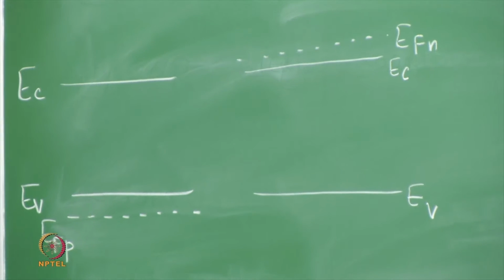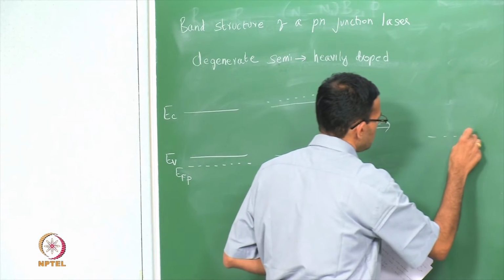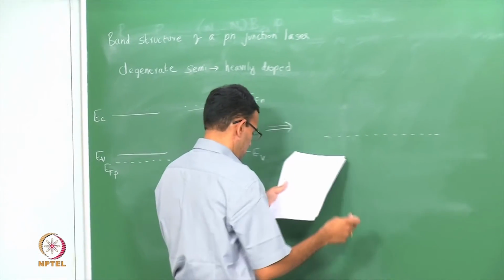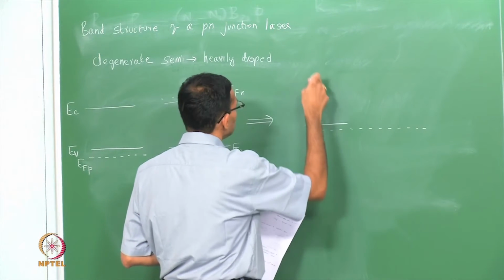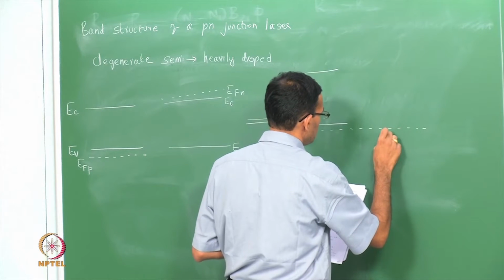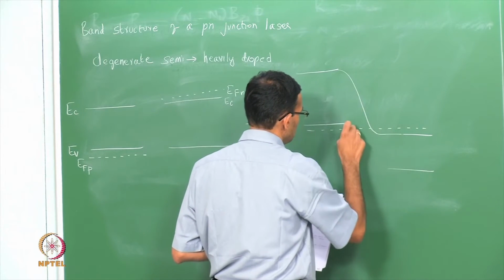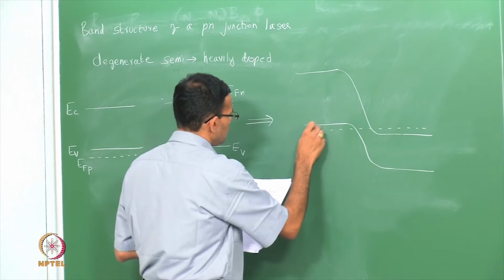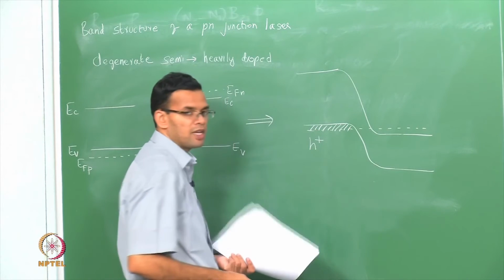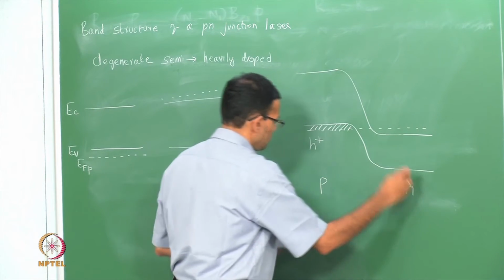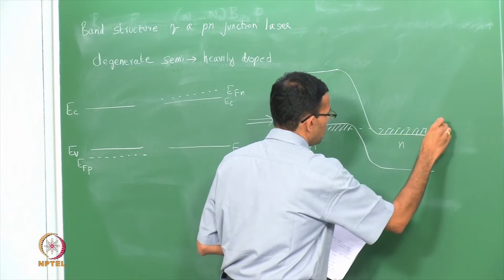So, in this particular case, if we form a p-n junction with these two, these are the excess holes that are there on the p side, these are the excess electrons on the n side.